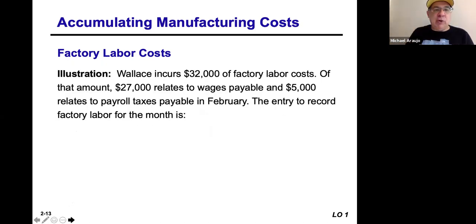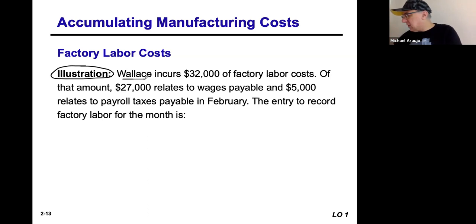Okay, so here is the next illustration that you need to know. Same company, Wallace. This is on page 51. Wallace incurs $32,000 of factory labor costs. Okay.